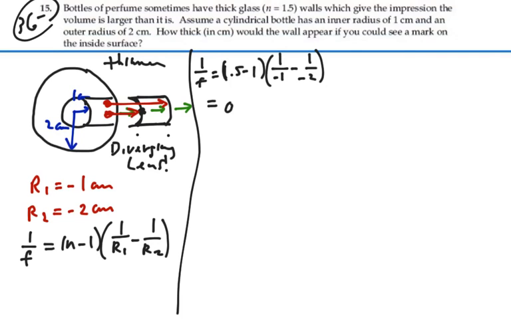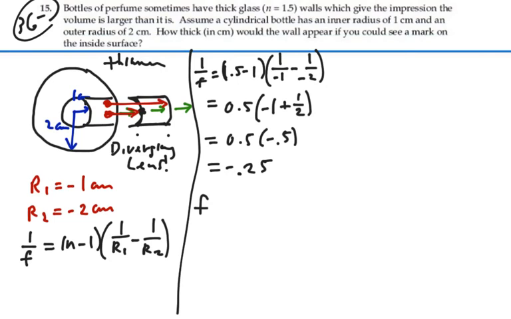So this will be equal to 0.5 times a negative 1 plus 1/2, negative negative. So this will be 0.5 times a negative 0.5, or a negative 0.25.